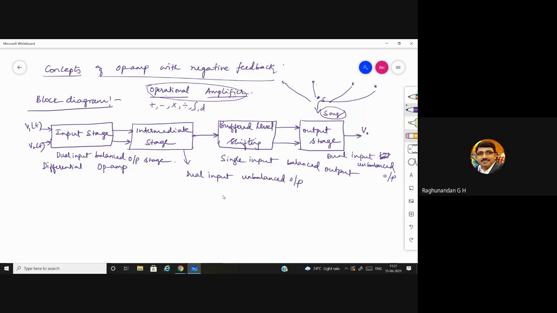So buffer level shifting. Buffer means it's a temporary storage. Level shifting: we have already studied clampers, right? In clampers, what makes the AC signal shift to the positive phase or negative phase?